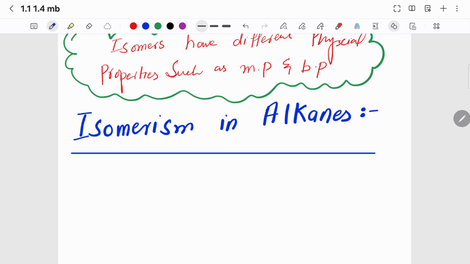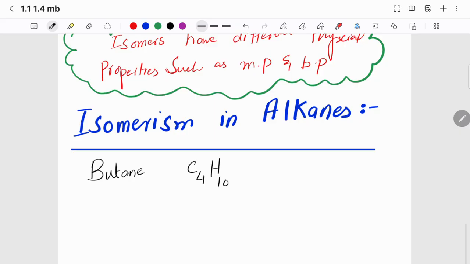Okay, so in order to explain the isomerism in alkanes, I'm going to take the example of butane. You know, butane has the molecular formula C4H10. Now I have two options. This is the molecular formula, and I'm going to change the structural formula of this molecule.